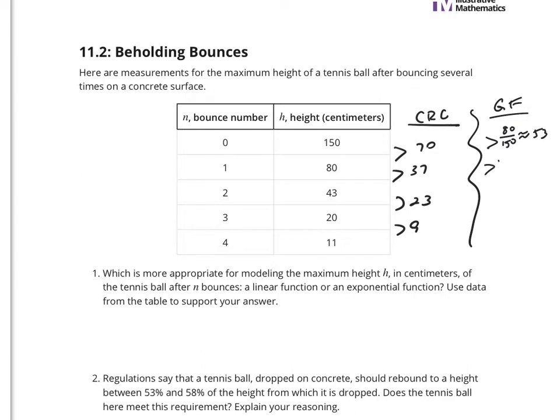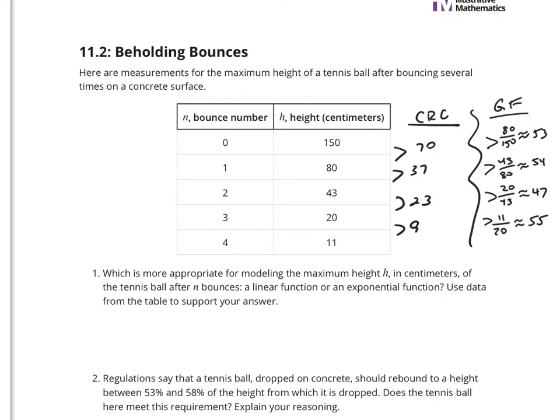Between the first and second, I would have 43 over 80, which is approximately 0.53, but if we round up, it would be 0.54. Between bounce 2 and 3, that would be 20 over 43, which is approximately 0.47. And then between the last 2 bounces, 11 over 20, which is approximately 0.55.